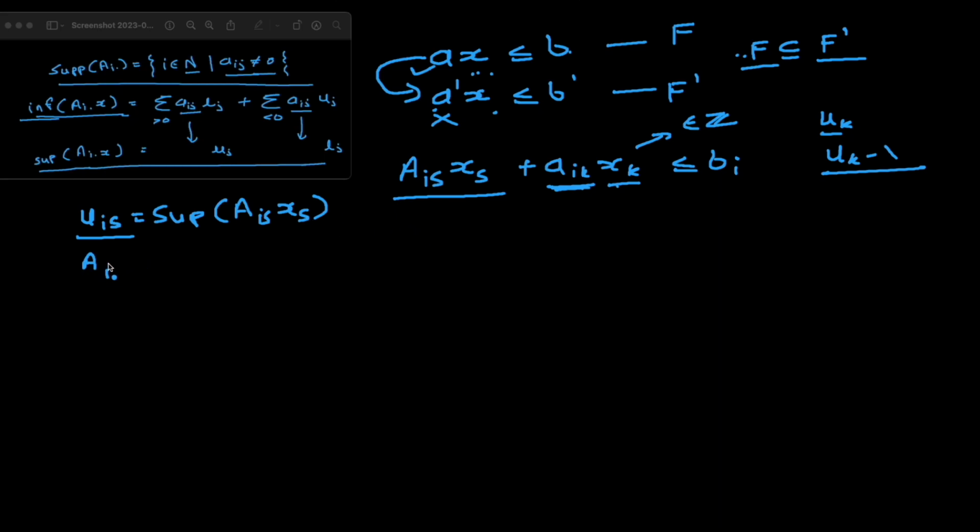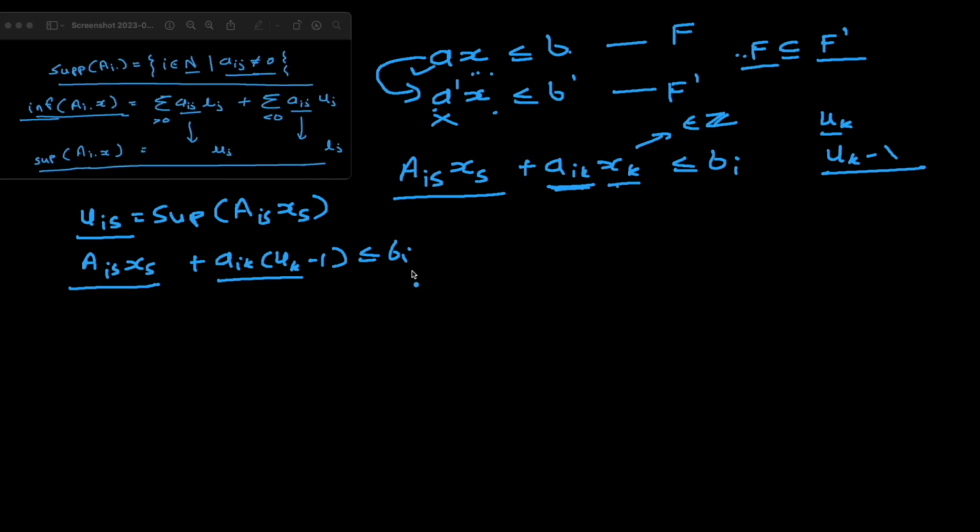We'll say that a_is x_s plus a_ik times (u_k minus 1) is less than or equal to b_i. Actually, let's keep them here and let's replace this part by its supremum. So we want to find out if this constraint is already satisfied when x_k is taking this particular value u_k minus 1. So when will this constraint be already satisfied?